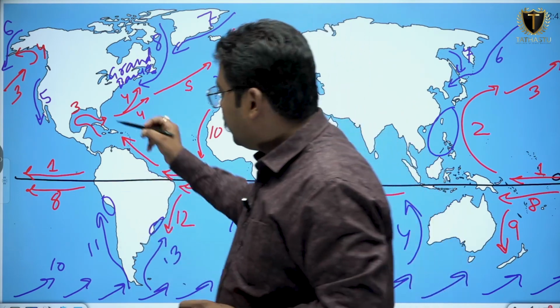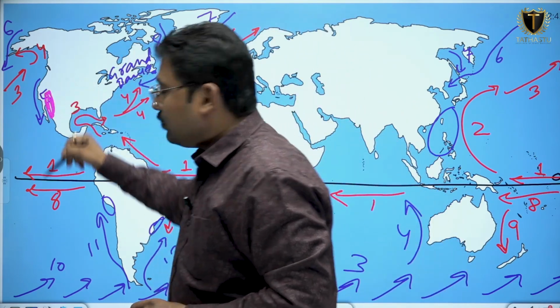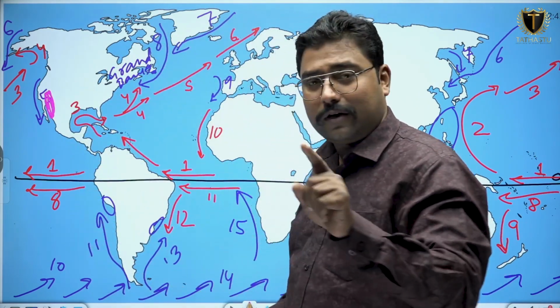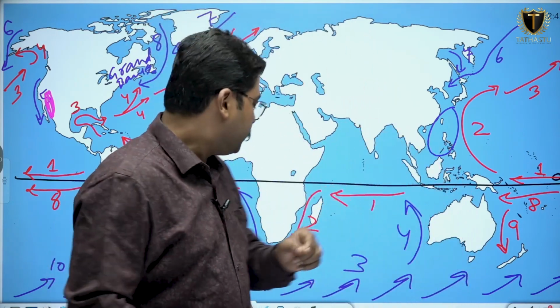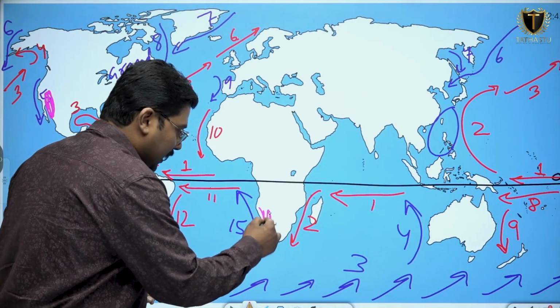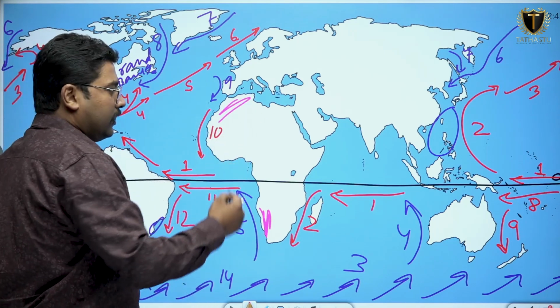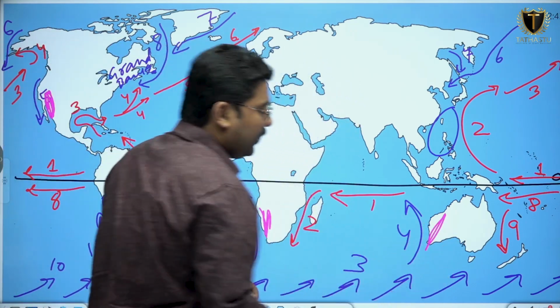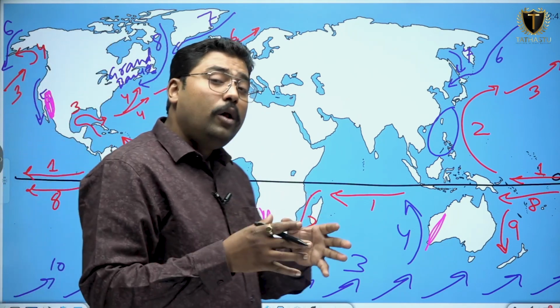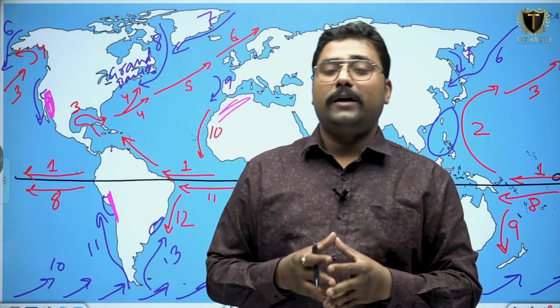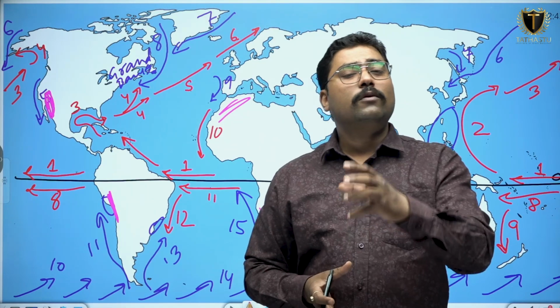All the hot deserts located in the tropics, if we see them, Mojave Desert or Sonoran Desert, California, Atacama on the western coast, Namib Desert or Kalahari Desert, African Desert, Great Victoria and Great Sandy. So the question comes, why are all the hot deserts in the tropics located on the western margin of continents?